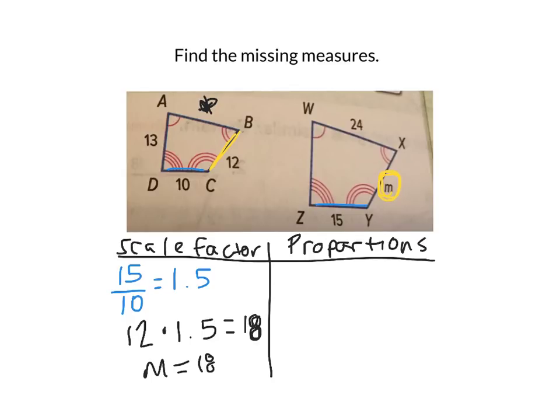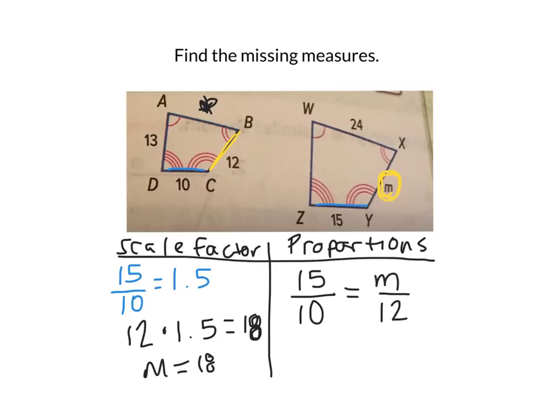Another way to do that is with proportions. So I know, again, that side ZY is 15 and DC is 10. And I'm looking right away to set it up. I don't know the side that M is on of my larger polygon, but I know that it corresponds with 12.